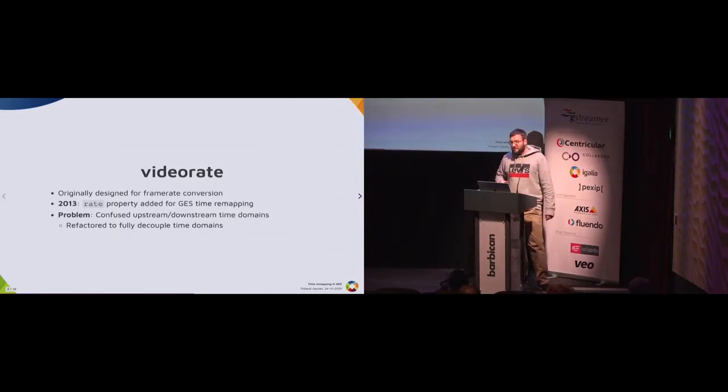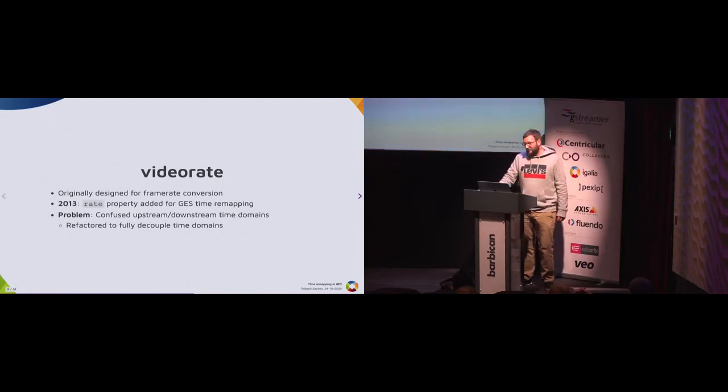But in 2013, we started thinking about implementing time effects in GES. And Joris Valet, who was a GSoC student back then, implemented the rate property inside the videorate element. What was implemented back then was working for very basic use cases, and there were design issues where upstream and downstream time domains were basically mixed together, and it was creating many issues.